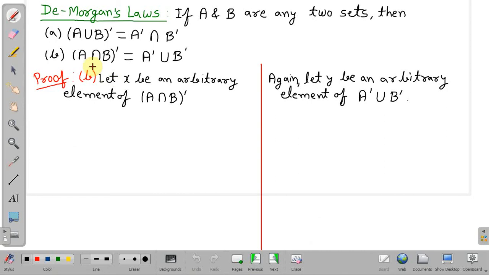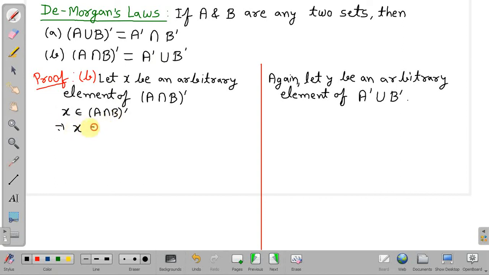Now we will see the proof of part B. In part B, we have to prove (A intersection B) complement is equal to A complement union B complement. Okay. So here also we will use the same method and try to prove it. We are assuming here that X is any element of (A intersection B) complement. So we can write X is an element of (A intersection B) complement.